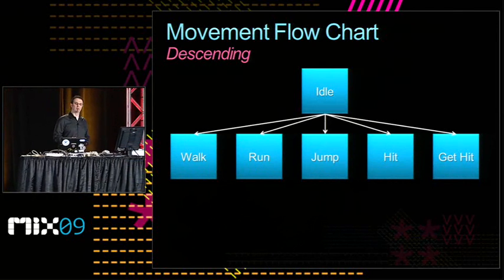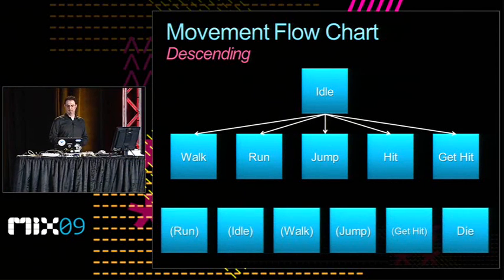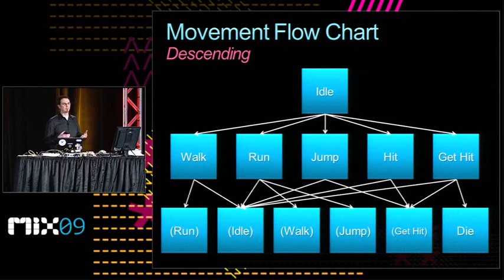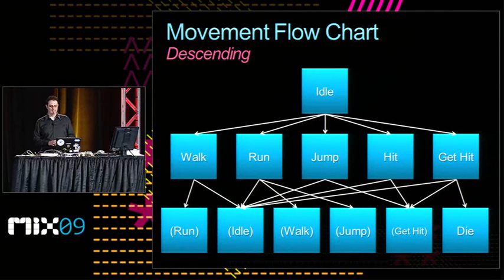The next step is to draw another tier in the flowchart that repeats our states and then the relationships between those states. So if you take a look at an example here in the middle row, the second one from the right, hit. If I am in a hit stance, my options are to either get hit or return to idle. The parentheses along the bottom row indicate that I return to a higher position in my flowchart.